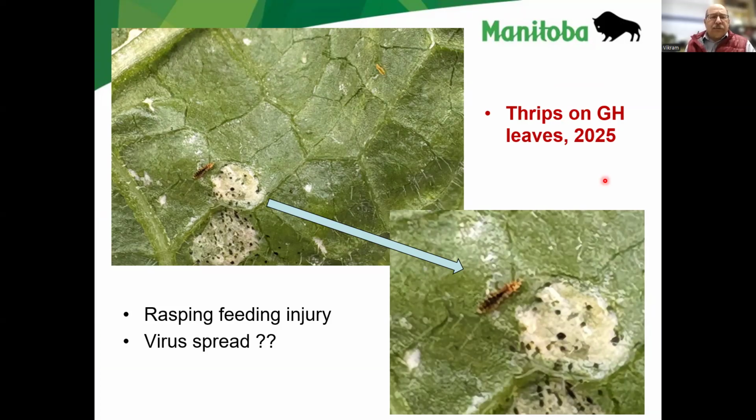At this time, they are just a nuisance and can lead to rasping injury. That is, when the thrips use their mouth parts, they will scrape the skin on the underside and cause white patches. So here you can see that. At the moment, they may not be spreading virus diseases. Okay, and this is in the 2025 greenhouse. So you can see thrips here.